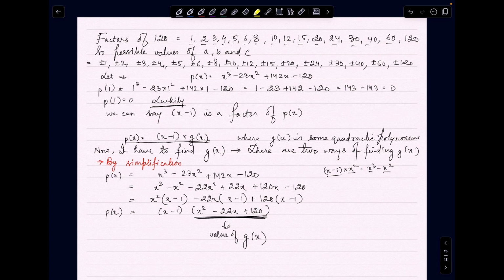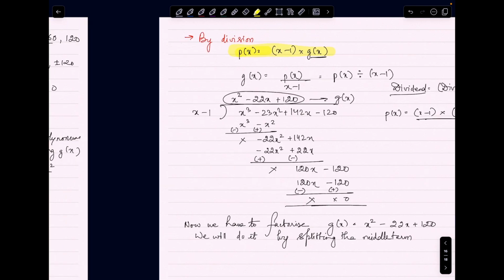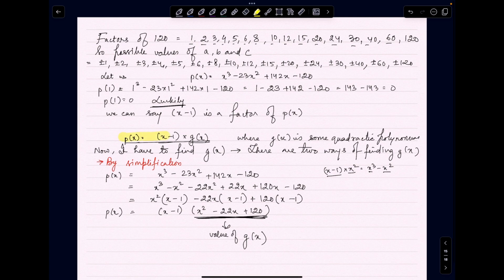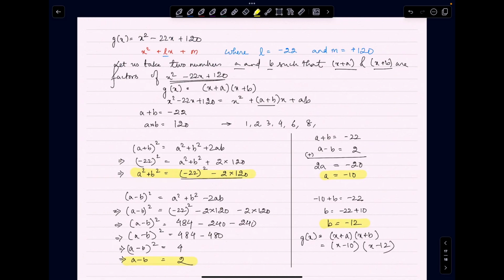P of x equals x minus 1 into G of x. So x minus 1 as it is, and G of x we got is x minus 10 into x minus 12. That is equal to P of x.